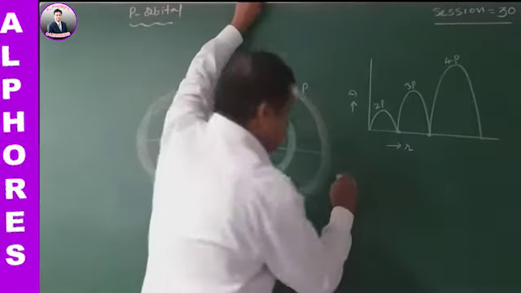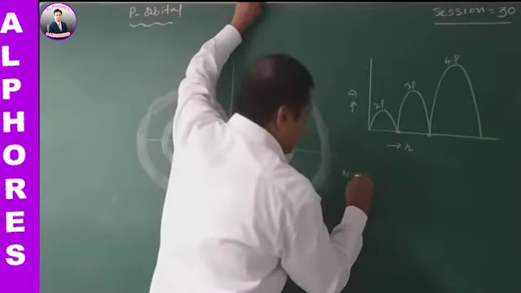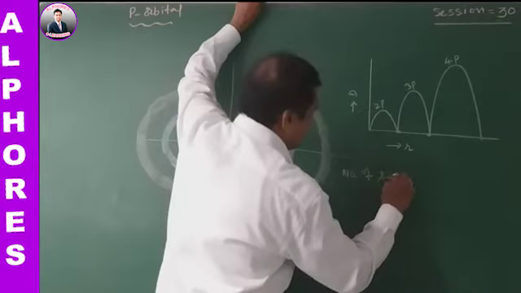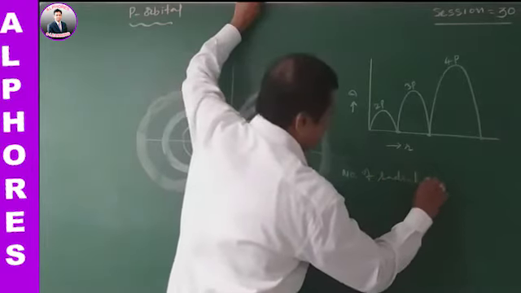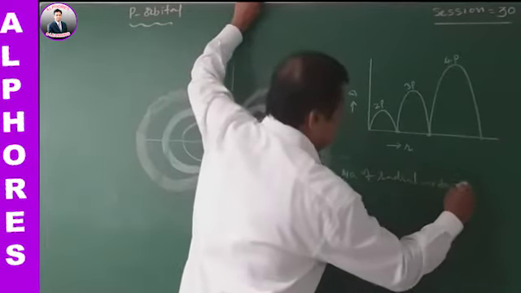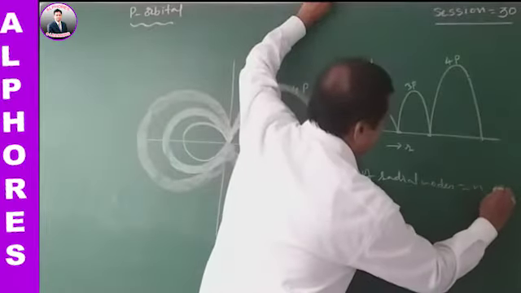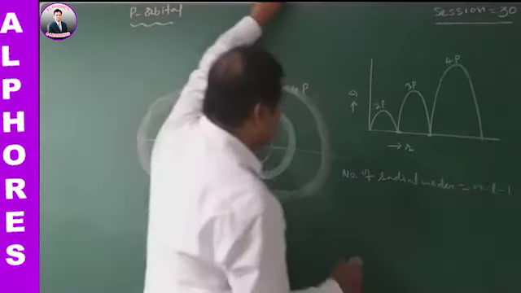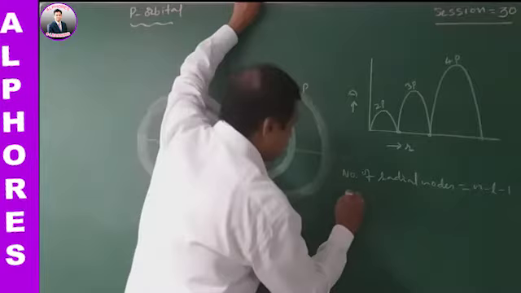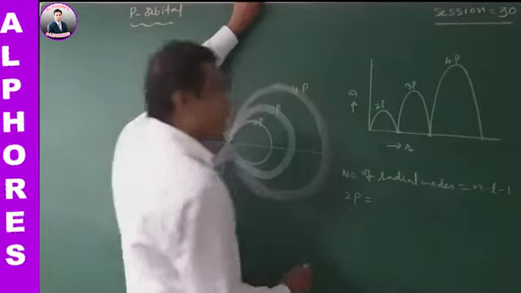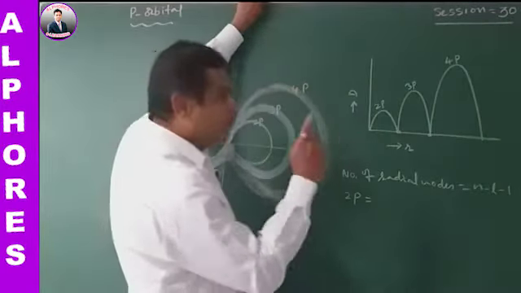Number of radial nodes equal to n minus L minus 1. Now we have taken 3 p orbitals. So for 2p orbital, number of radial nodes is n minus L minus 1.